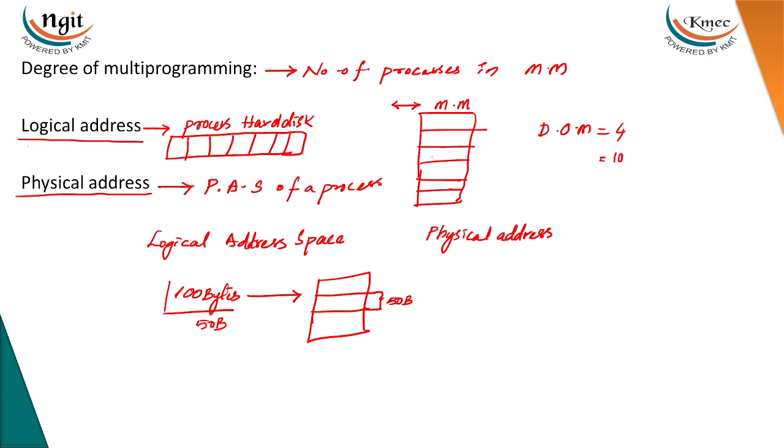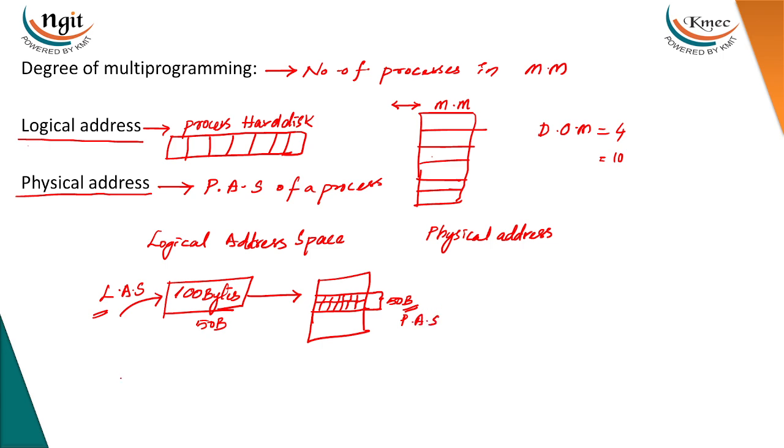But the actual size of the process is 100 bytes, so the logical address space is 100 bytes. Physical address space is the collection of all physical addresses. That is the difference between logical address space and physical address space.